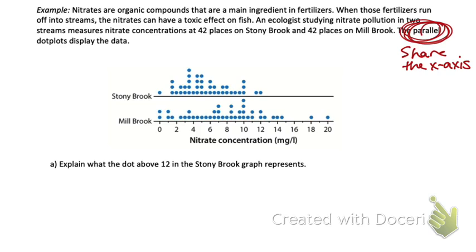There is a dot on Stony Brook at 12. What does that particular dot mean? What does it represent? One of the nitrate measurements was 12 milligrams per liter. Very good.